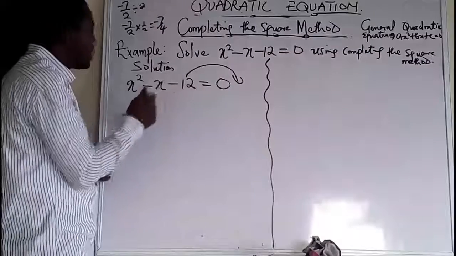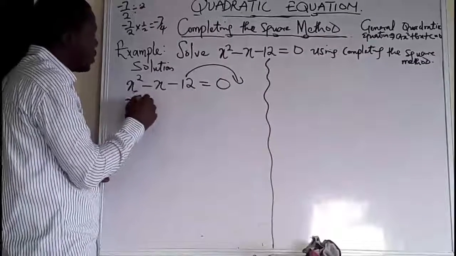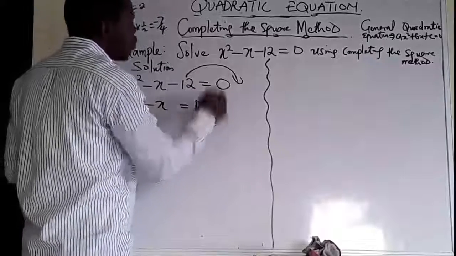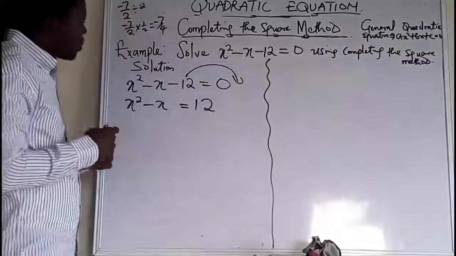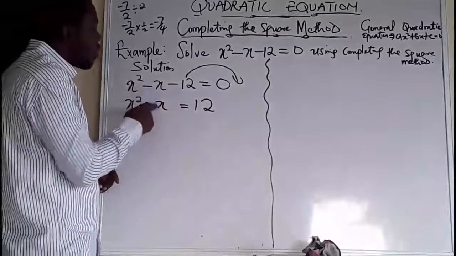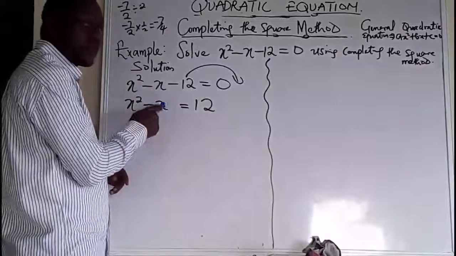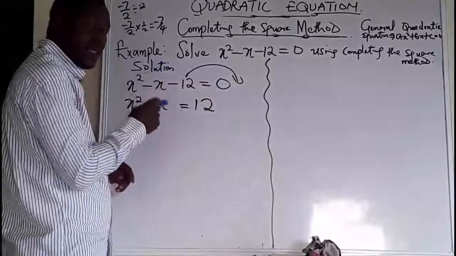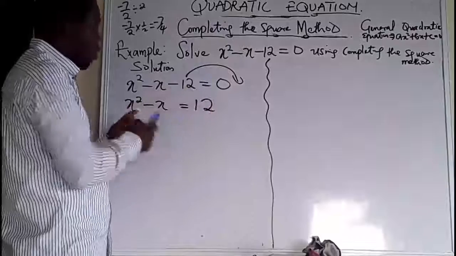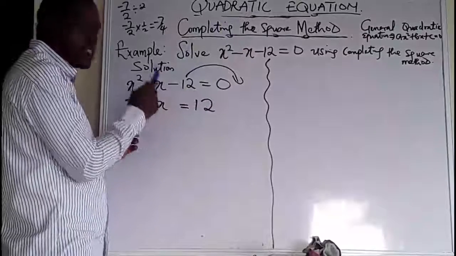So what we need to do now is take x squared minus x equals, and we move this one here, that's 12. Now we look at the coefficient of x. We divide it by 2, square it, and add it to both sides. What is the coefficient of x here?